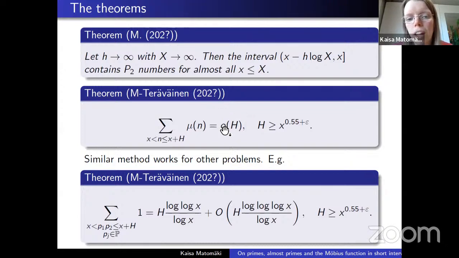The method never saves more than 1 over log x in the bound for the average of the Möbius function, because it's based on numbers with a small prime factor. We can never deal with the primes, and the density of primes is 1 over log x, and we can't do anything about them. So that's why our error term is always not so good.